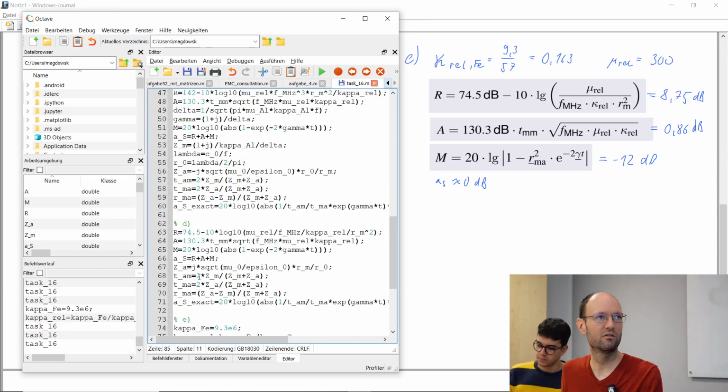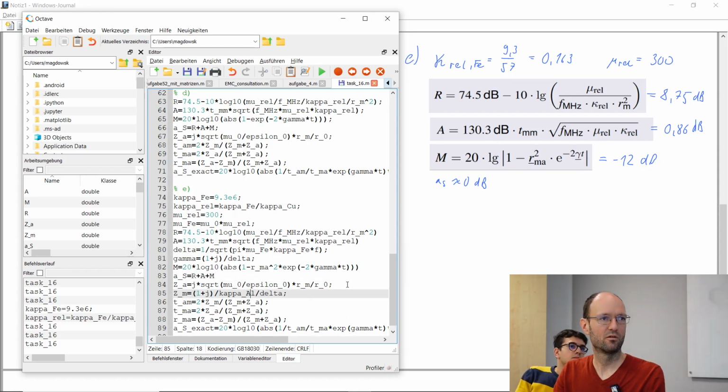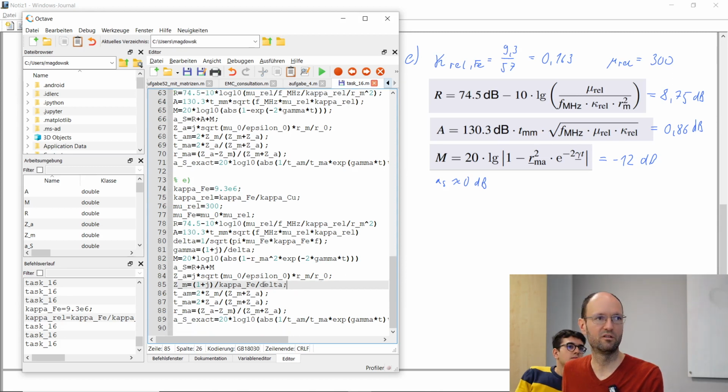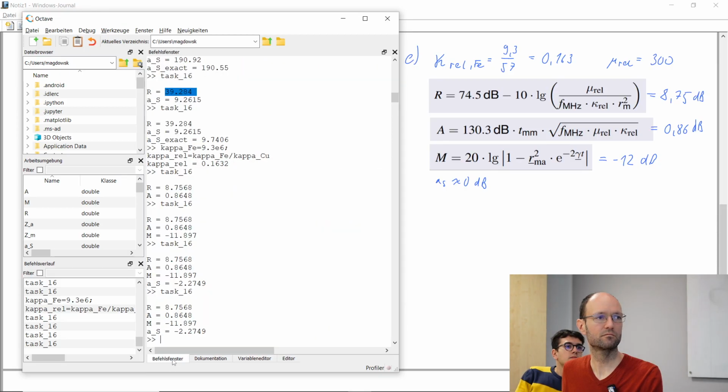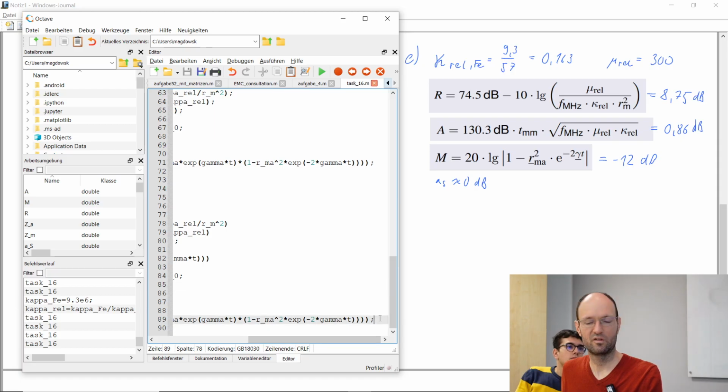We need to recalculate this one. So the wave impedance in metal, this was this formula here. And so instead of the conductivity of aluminum, we need to take the conductivity of steel. And so if I run this, and the semicolon here needs to be gone so that we see the output.